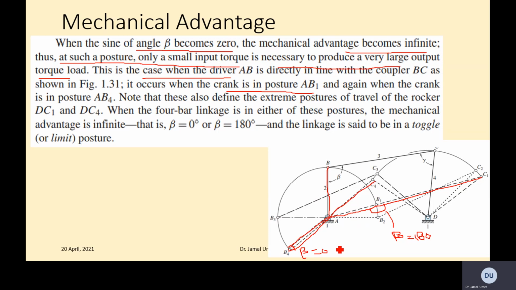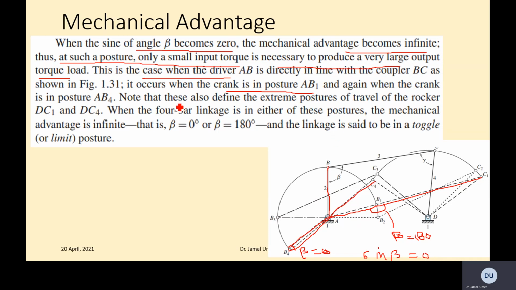These are the two postures, where in one case beta is 0 and in the other case beta is 180. In both cases the sine of beta will be 0.